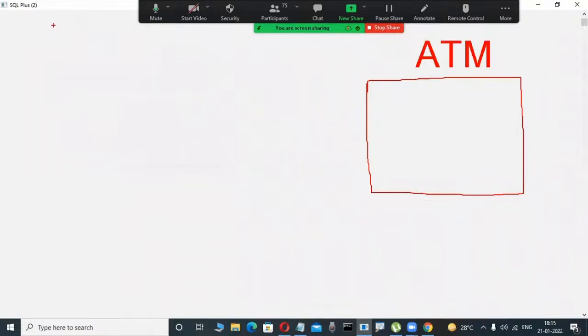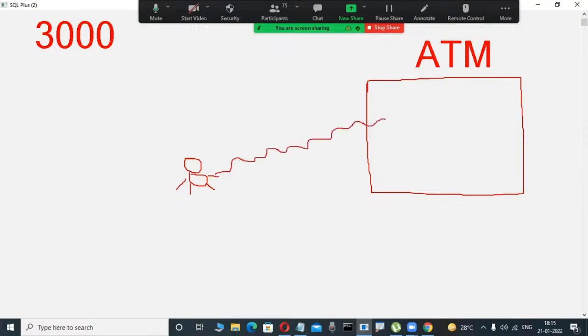My balance is 3000, for example. Today I decided to withdraw some amount. This small scenario is easily understandable, even by a non-technical person. I go to an ATM center and decide to withdraw money.